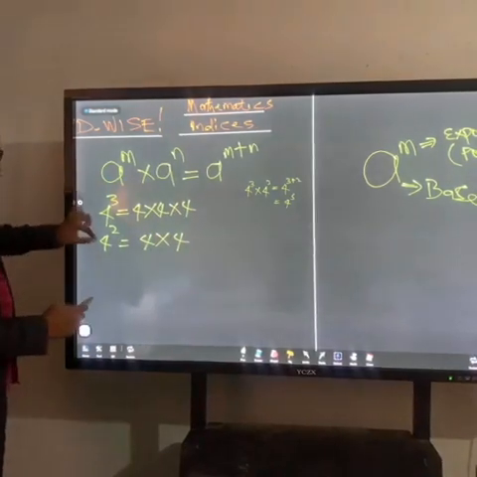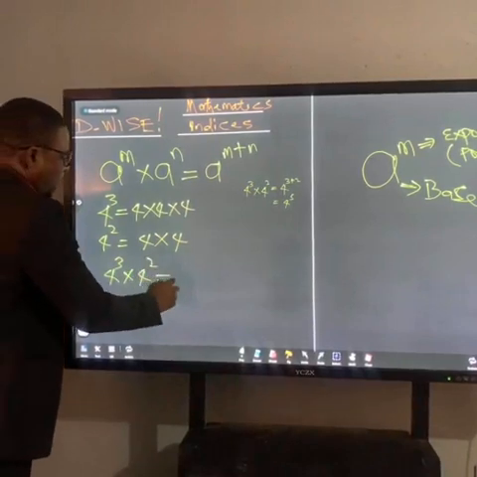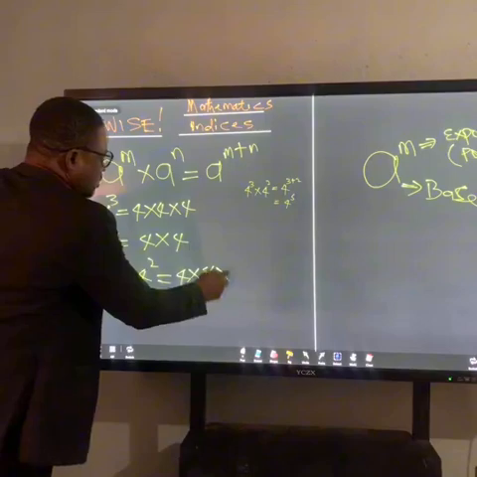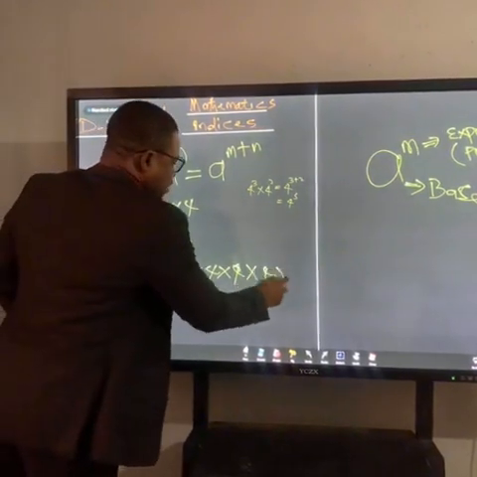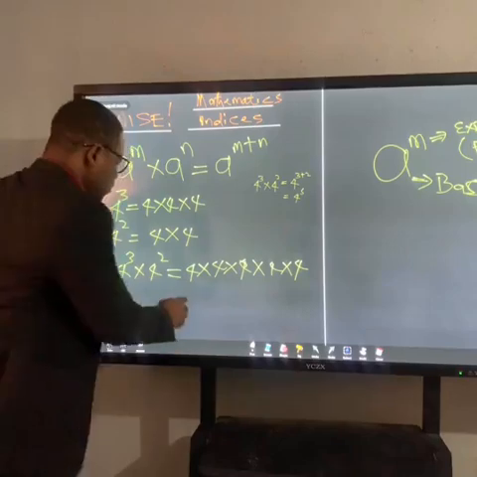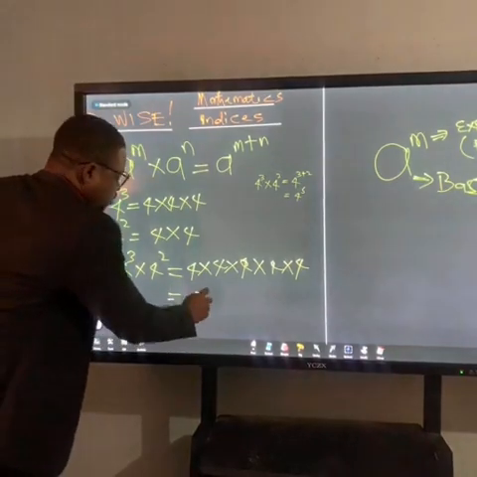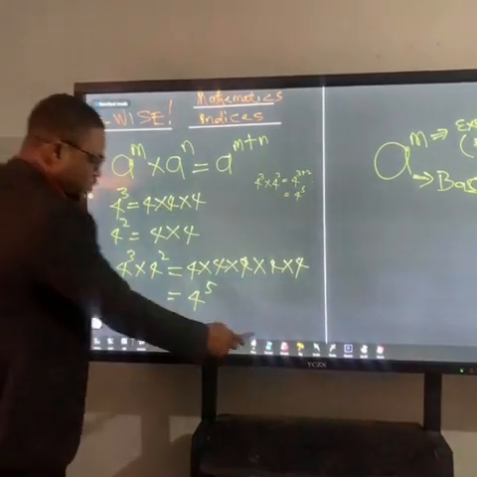So if I multiply 4 to the third power by 4 to the second power, I'll have 4 times 4 times 4 for the first one, then 4 times 4 for the other one. Altogether, how many 4s do I have? 1, 2, 3, 4, 5. It's going to be equal to 4 to the fifth power, and that was what we got earlier on. So that's the first law.